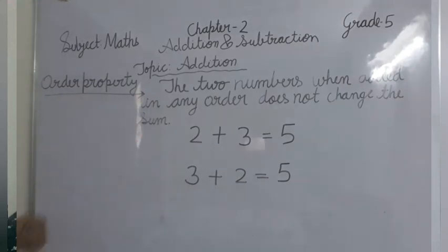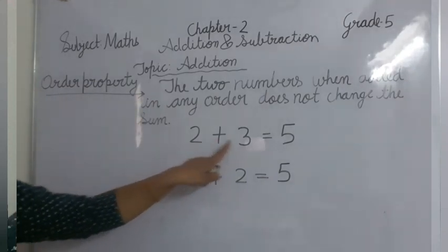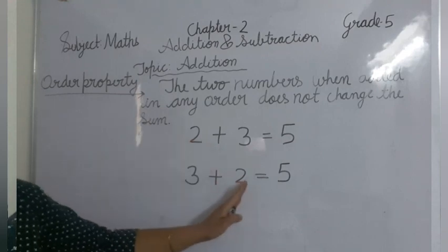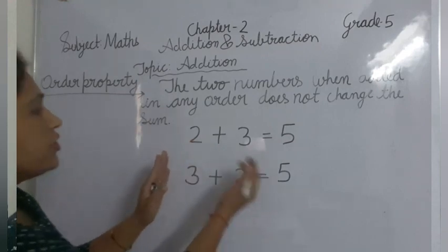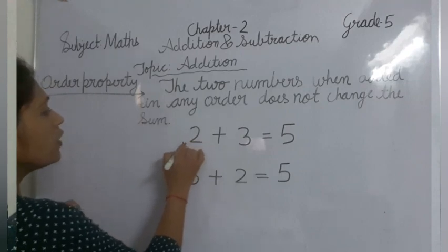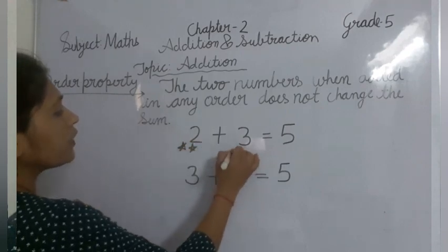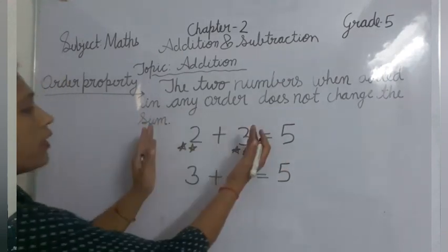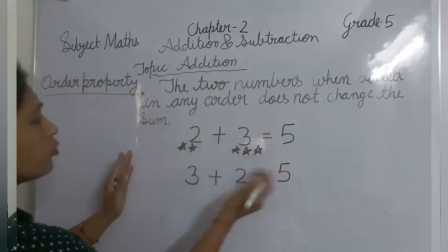So what have I done here? I am changing their order, 2 here and 3 there, and now writing 3 here and 2 there.